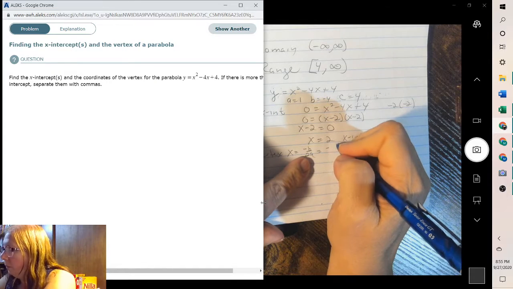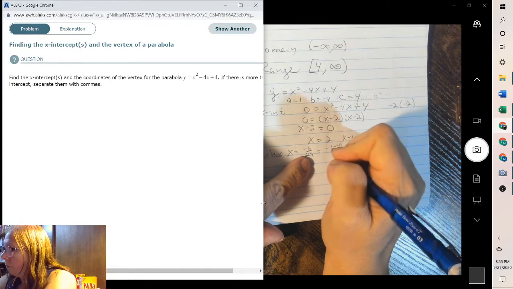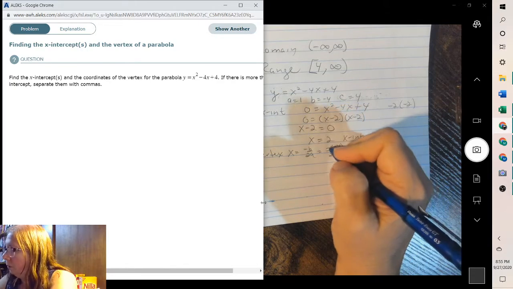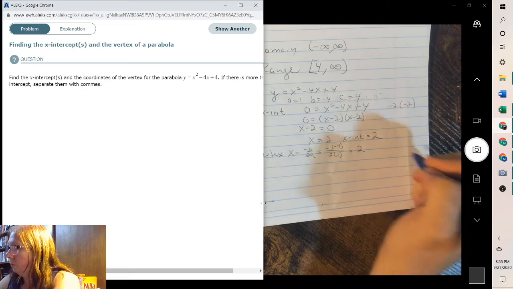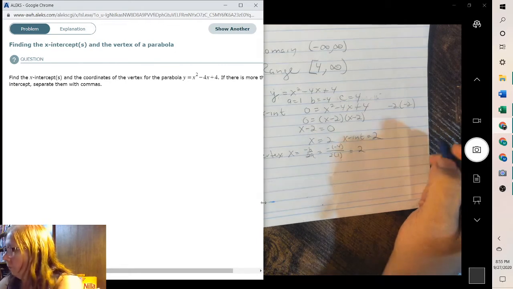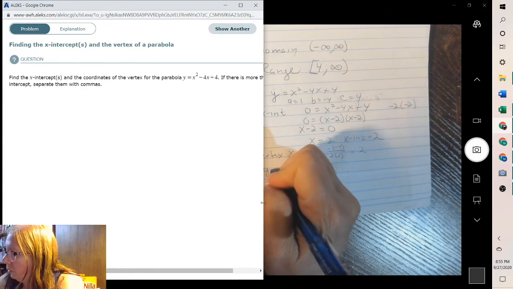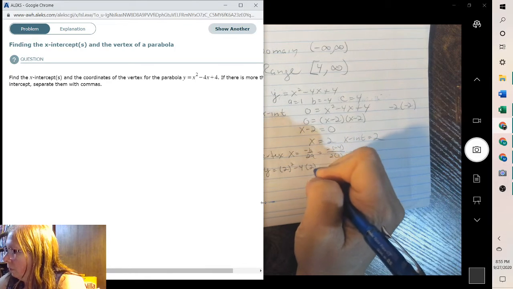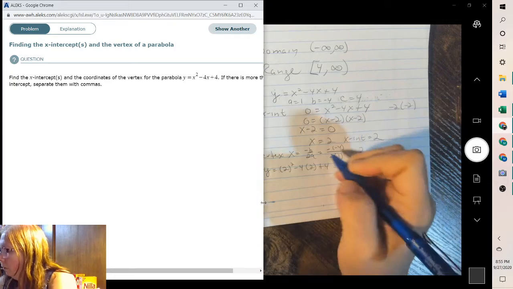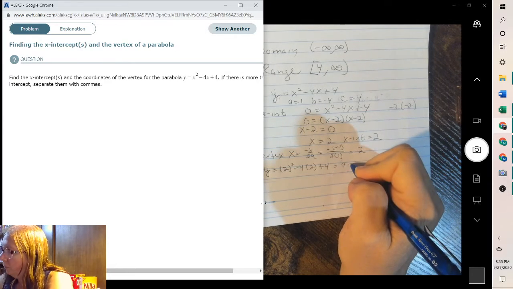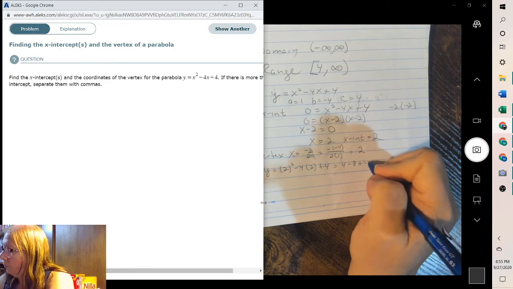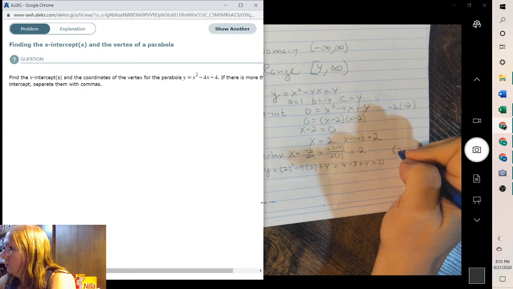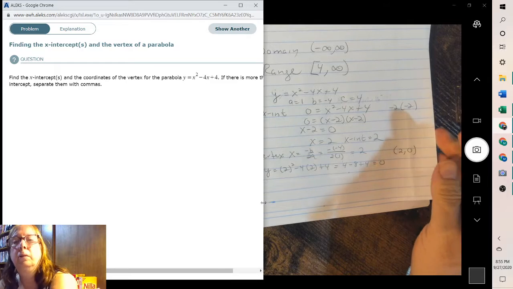Negative b over 2 times a, which is 4 over 2. To find the y value, we just plug it in. So we have 4 minus 8 plus 4 is 0. So our vertex is 2, 0.